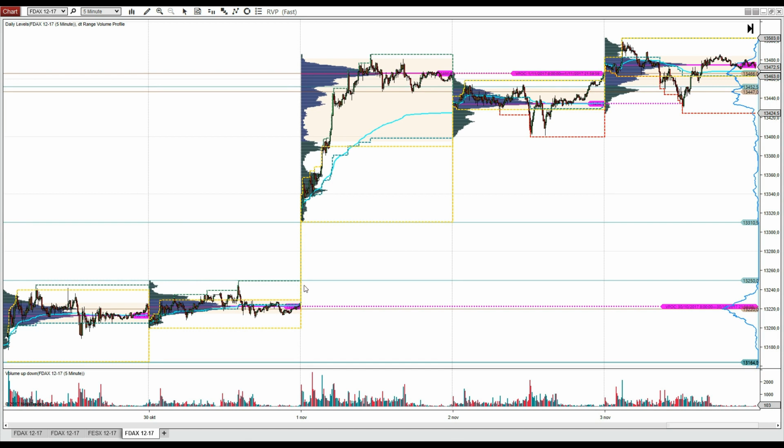Yet on the 1st of November we gapped up significantly and had a follow-up trend day with this characteristic P-shaped profile. So price discovery was upwards, and only at the end of the session, or the second half of the session, we found our balance area where buyers and sellers were in agreement on price.